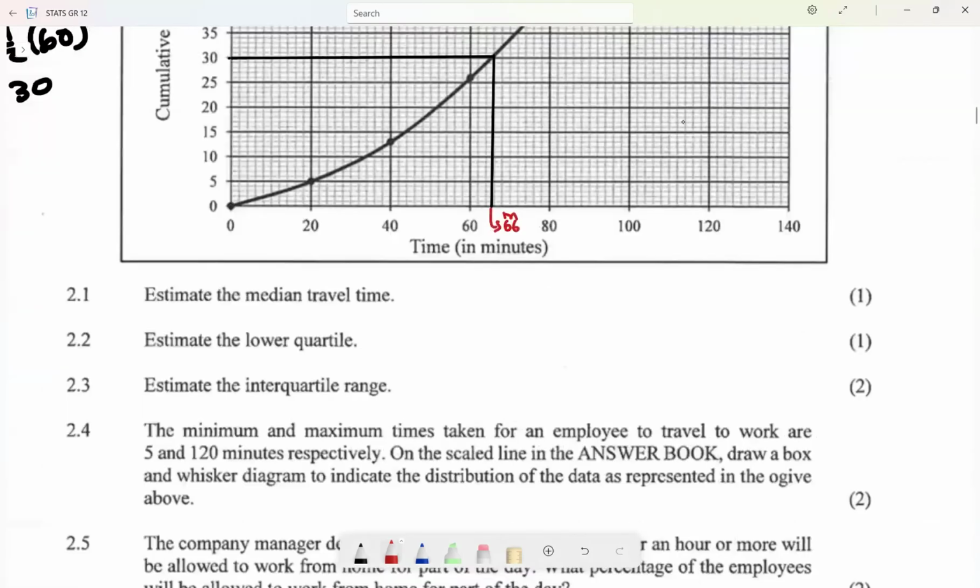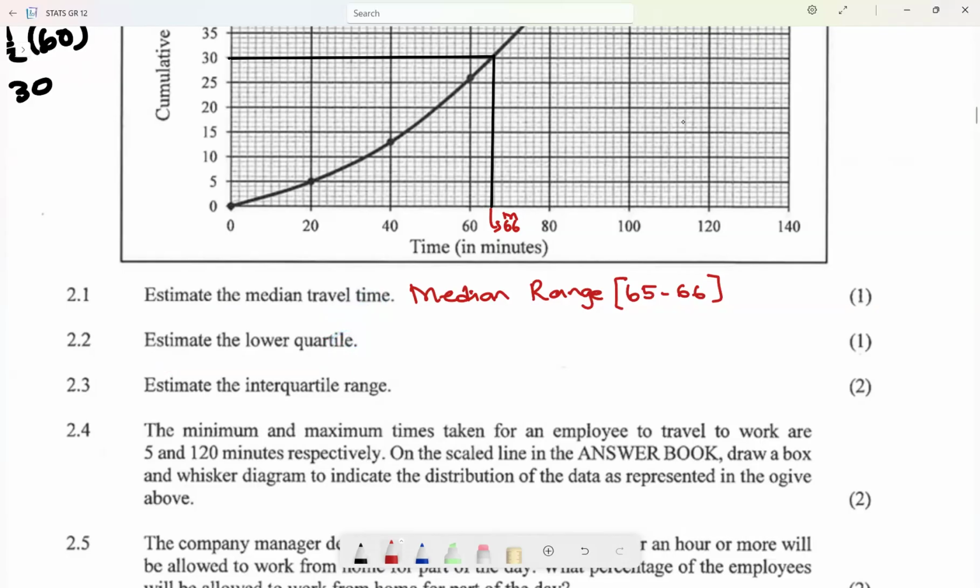The approximation: I'm going to say the median ranges from 65 to 66. Any answer between these two is going to be fine, but I'll use 66. And then they say to us, estimate the lower quartile.